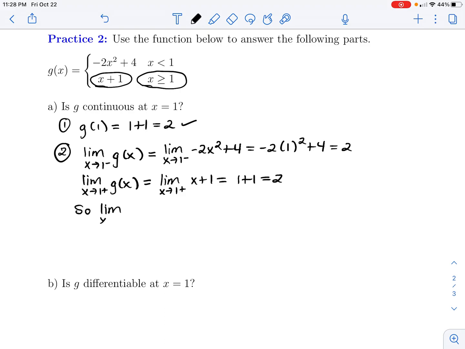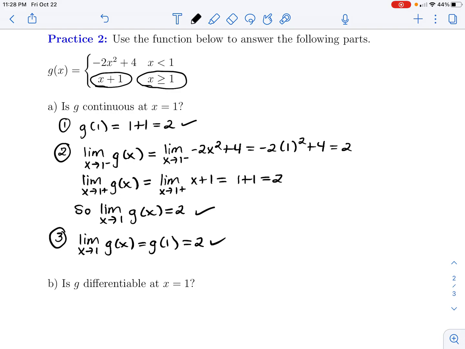The limit as x approaches 1 of g of x is equal to 2. The third condition is that g of 1 must equal the limit as x approaches 1 of g of x, which it does. The limit as x approaches 1 of g of x is equal to g of 1, which is 2.